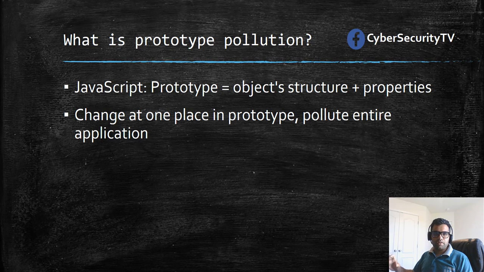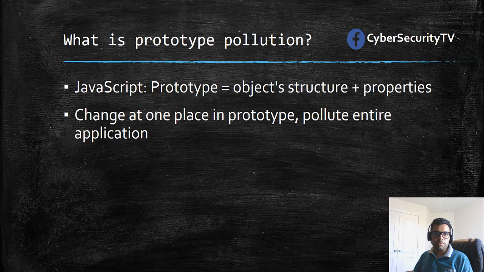Out of that constructor, we have created two objects throughout the application, person one and person two. Now, if we add a new property called age to the person one object, but not to person two, then when we fetch the details, we're not going to get the age for person two. But if you add it to the prototype, it will be reflected for all the objects.